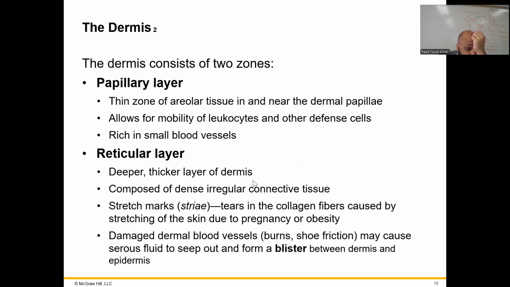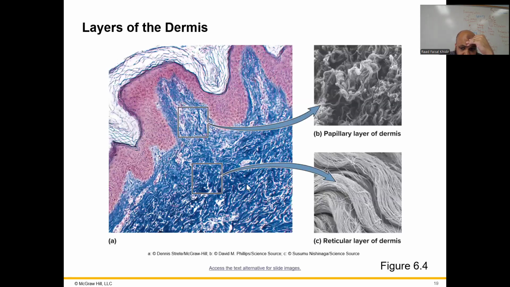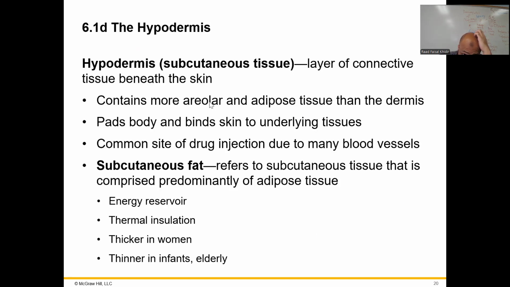The dermis consists of two zones: the papillary layer and the reticular layer. That shows us our papillary layer of the dermis, and that is the reticular layer of the dermis, and both are below the dermal epidermal junction.